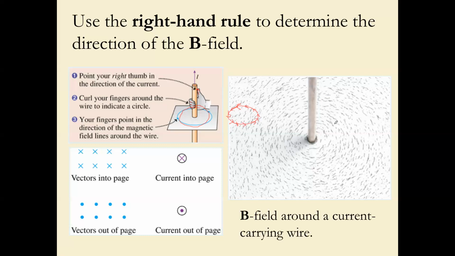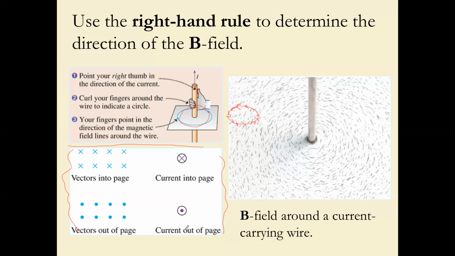And here you see the magnetic field lines around a current carrying wire. And right here, you see a notation for vectors and currents. If a current goes into the page, this is the notation that we use.